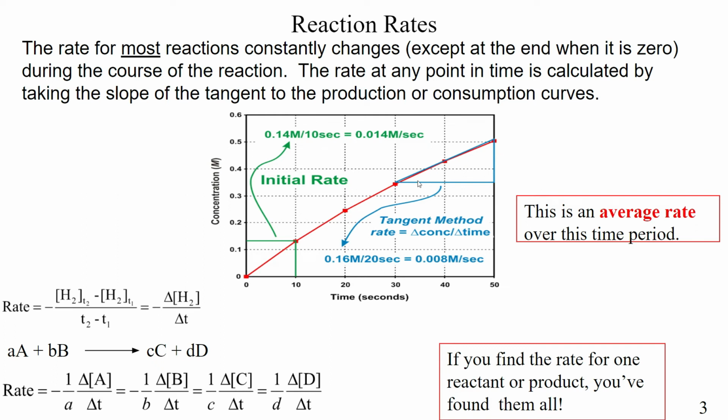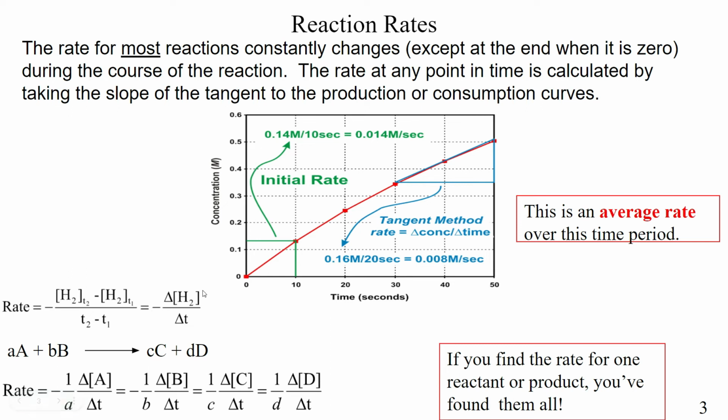Now, this is what we call the average rate. This is the average rate over time. And this is basically what we did over here. The rate equals my final concentration.